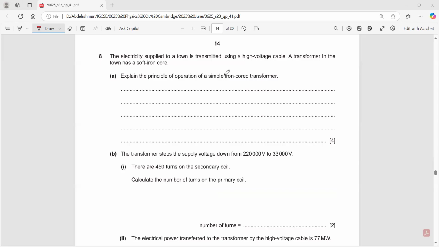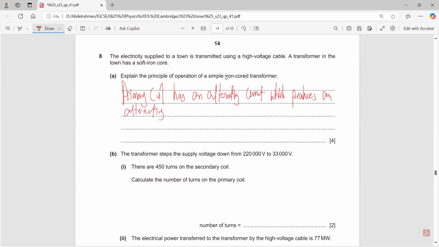So the primary coil has an alternating current, which produces an alternating magnetic field, which cuts the secondary coil.